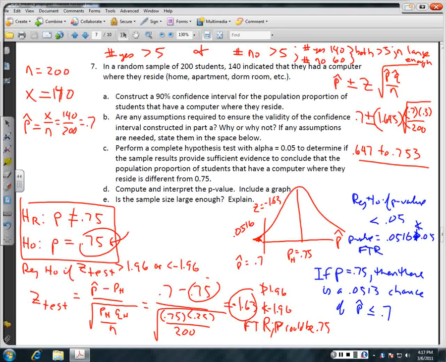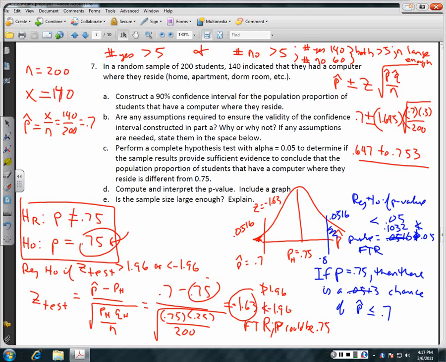And that is that the p-value is not 0.0516. The p-value on a two-tailed test, we have to go the other direction as well. And there's another 0.0516 out here. And so our real p-value is going to be 0.1032.